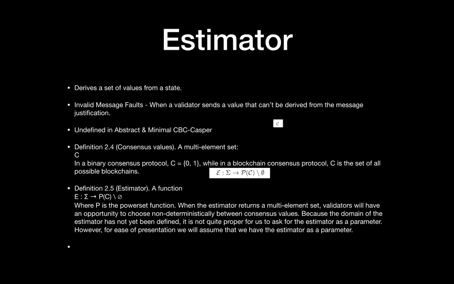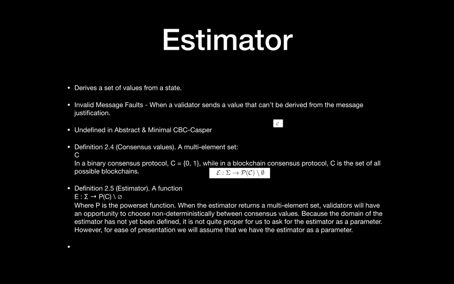If a node sees a message, it runs the estimator on the justification, but if the value in that message is not in the set of values, then it knows it was an invalid message.